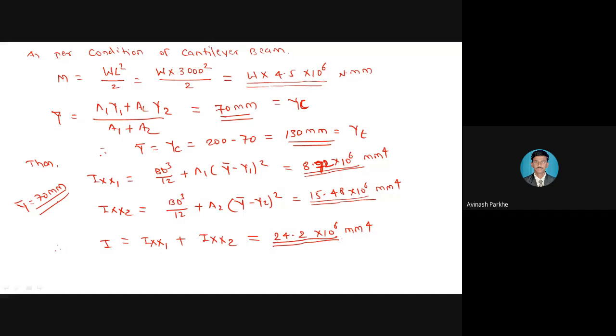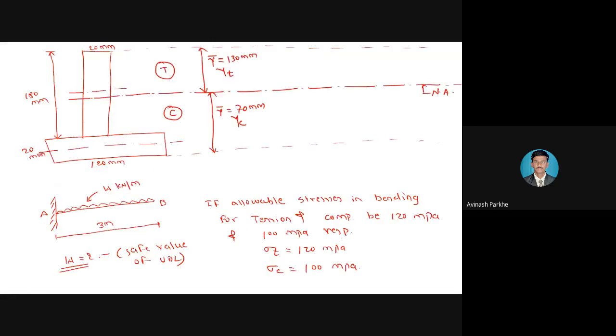Now we have to calculate our main term, that is the safe value of UDL. In the statement, they have given one sentence: if allowable stress in bending for tension and compression be 120 megapascal and 100 megapascal. Allowable bending stresses means the value of sigma T is 120 megapascal and sigma C is 100 megapascal.